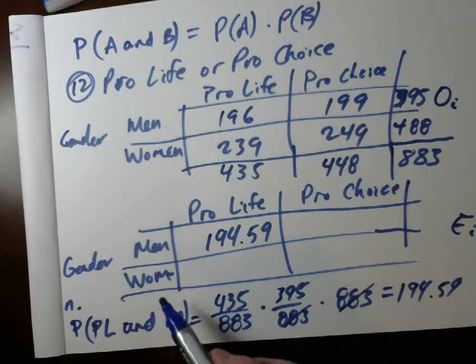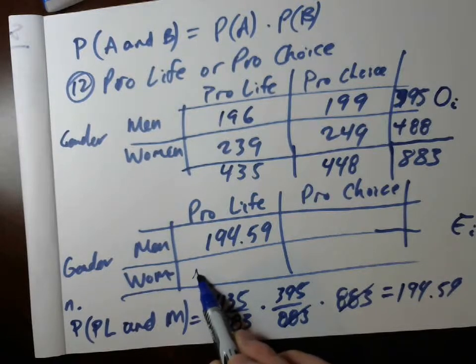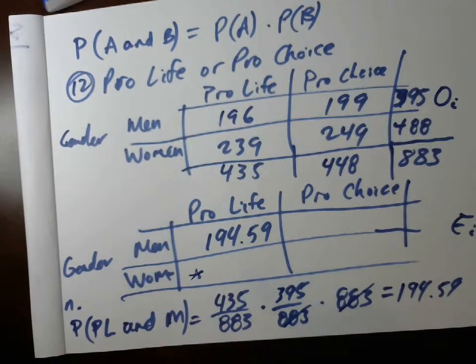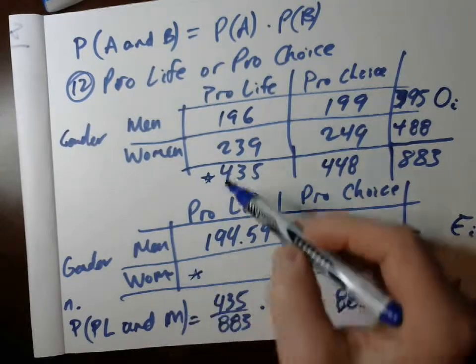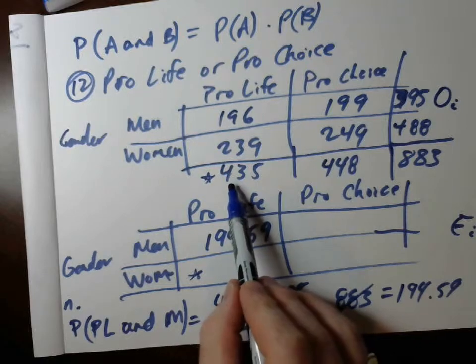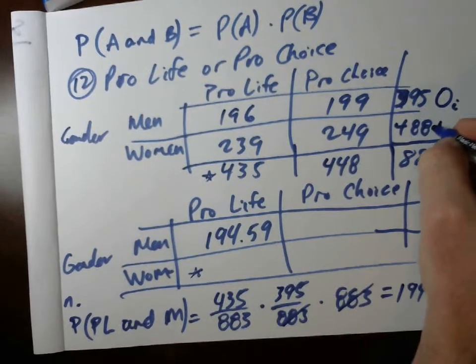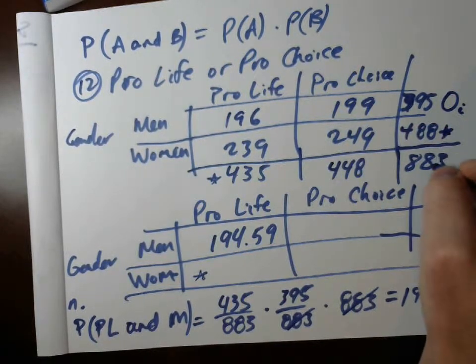Similarly, we can calculate this cell right here, which I'll mark with a star. Because it's a pro-life woman, we'd multiply 435 by 488, because that's the woman row total, and then divide by 883.